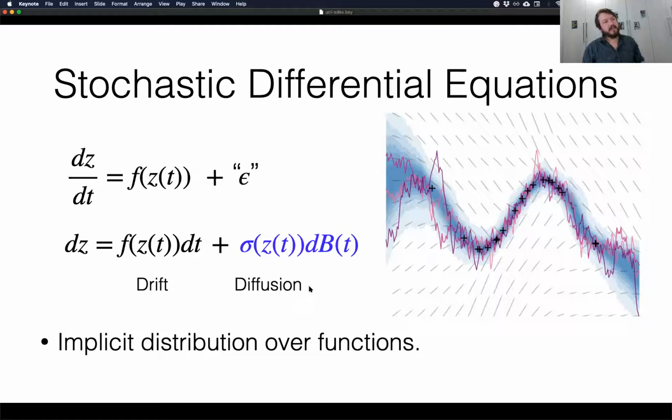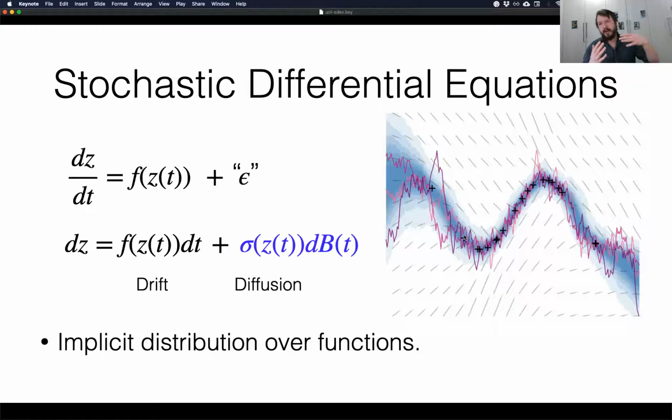And on this plot here, I just want to give you a little bit of a concrete idea. This drift function is being shown by these little gray arrows. When I want to sample from this distribution over functions, I start at time 0, sample a point, and keep adding noise while also moving according to whatever the gray arrows tell me.